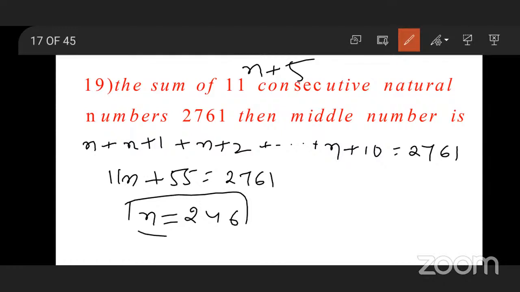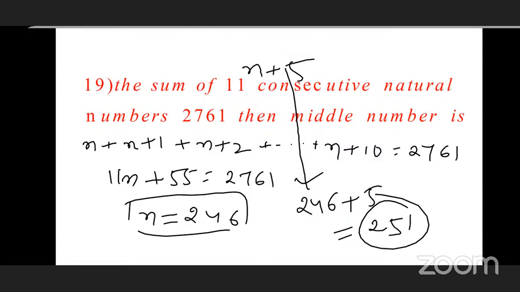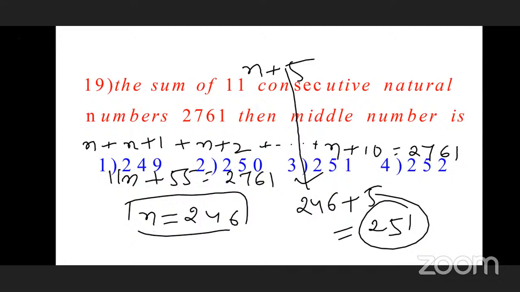You don't want the n value, you want the middle term, which is n plus 5. Put n is equal to 246: 246 plus 5 is equal to 251, the middle term of the 11 consecutive natural numbers. The third option is the correct answer.